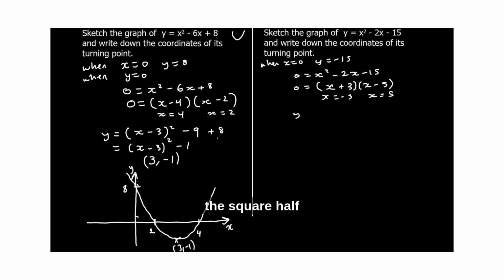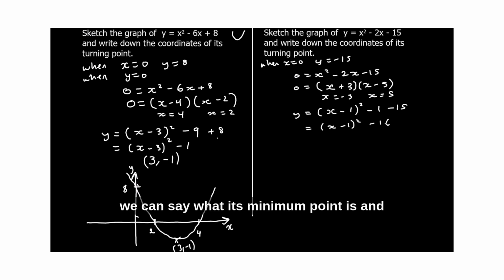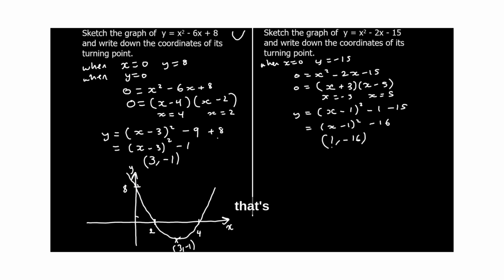Completing the square, half of negative 2 is negative 1. Take away that squared. So we can say what its minimum point is, and that will be 1, negative 16. So that's all the information we need now. Then we can draw our sketch.